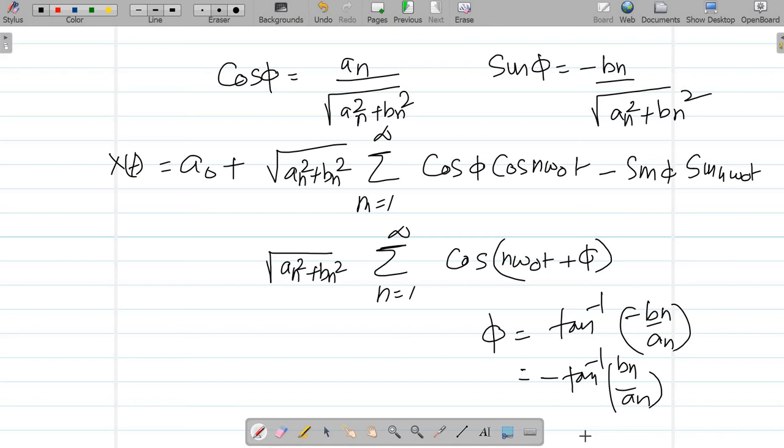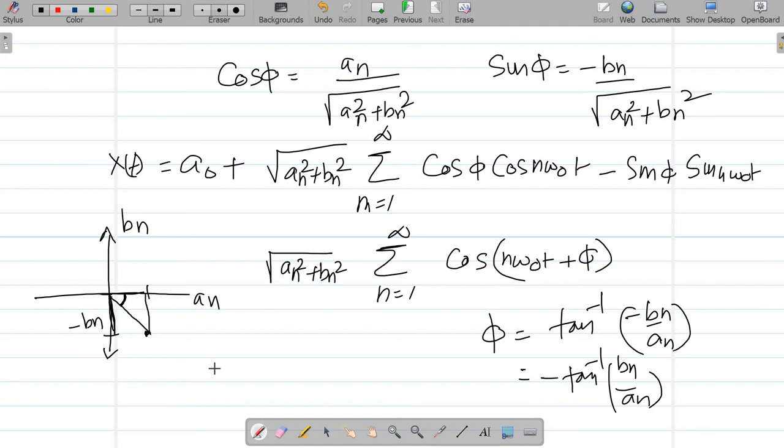Let us say we have An on the real axis and Bn on the imaginary axis, j times Bn. We have a negative term, negative Bn, and you have An. So you are going in the clockwise direction, and when you go in the clockwise direction, it is always negative.